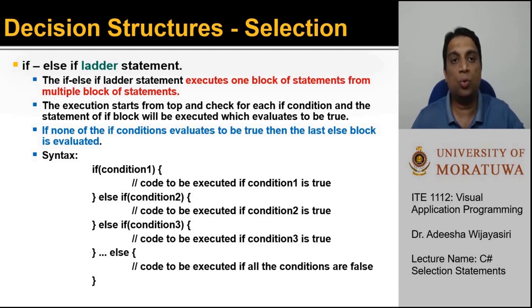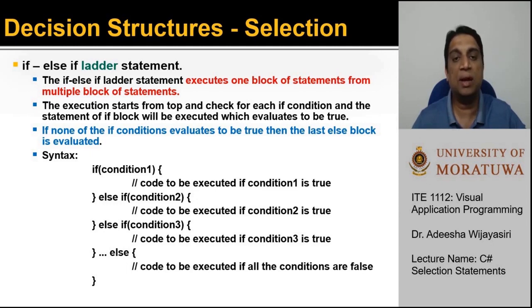If the value is true, then the code block belongs to first if clause will be evaluated, and the execution of whole if-else if ladder will be completed without further checking remaining conditions. If the expression is evaluated to the value false, then the next else if condition will be evaluated.